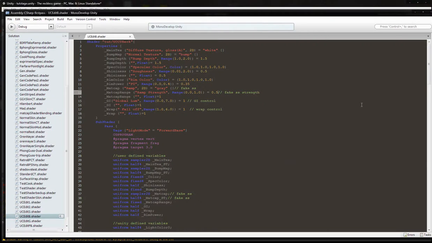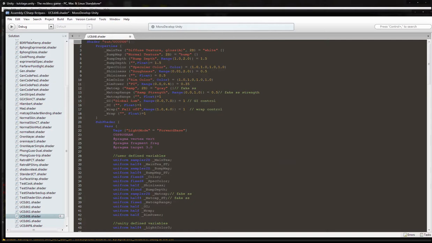Okay, I'm back with the next tutorial on writing a Cook-Torrance Unity shader. Now that we're done with the Beckmann shader, we're going to just rename this and save it as the GGX shader.